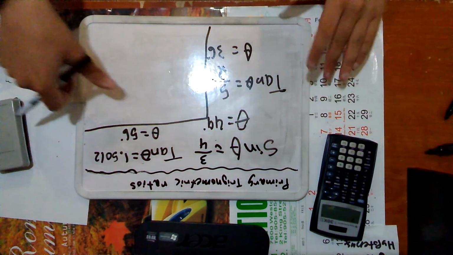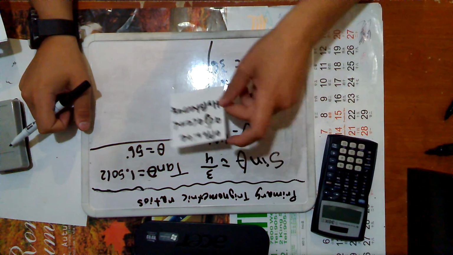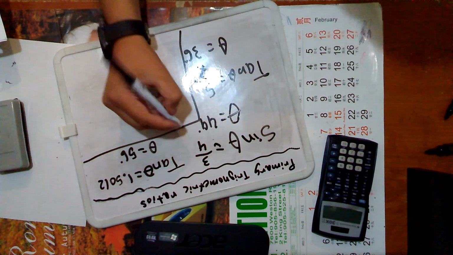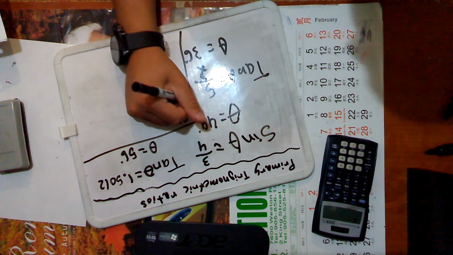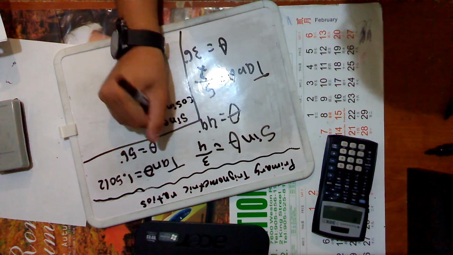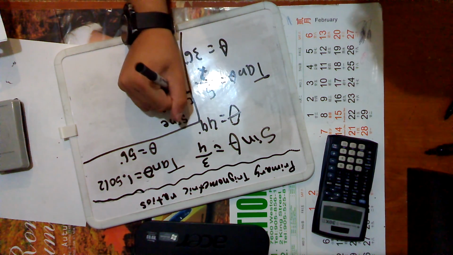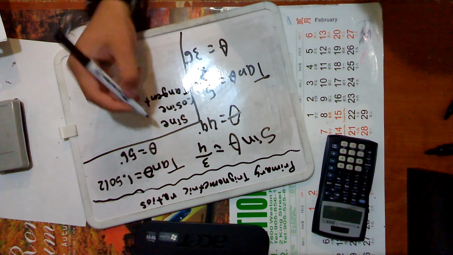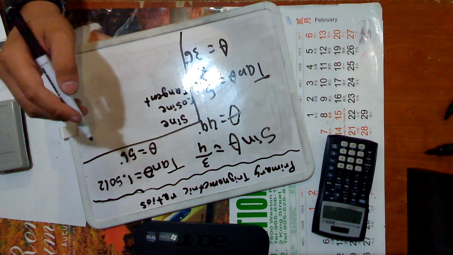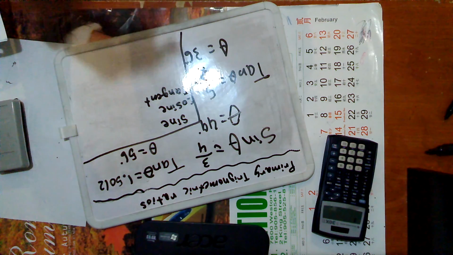So let's talk about them right now. We know sine, cosine, and tangent. These are the regular ones.